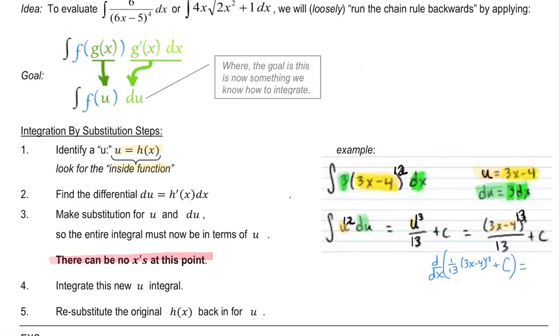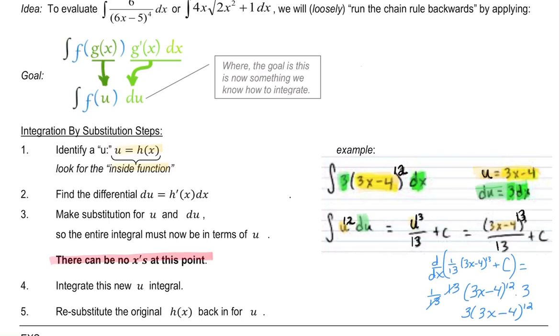Chain rule says we would bring down the 13, that would reduce with the 1/13ths, and then we'd have the 3x minus 4 to the 12th power, and then times the derivative of the inside, so times that 3. And so what we ended up with is 3 quantity 3x minus 4 to the 12th.